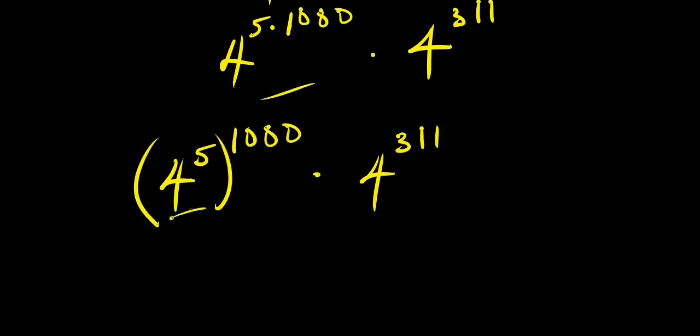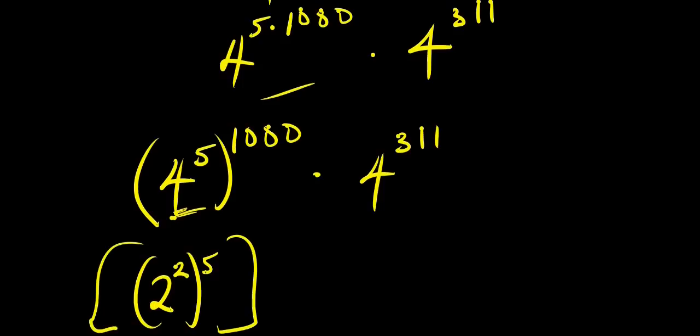So 4 power 5 simply means 4 into 5 places. But this is what we are going to do. We can simply express this 4. Since 4 is a perfect square, we can have it as 2 power 2 all power 5. And this is raised to the power of 1000 times 4 power 311.